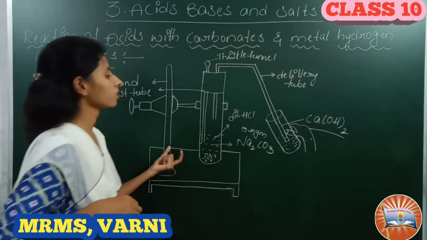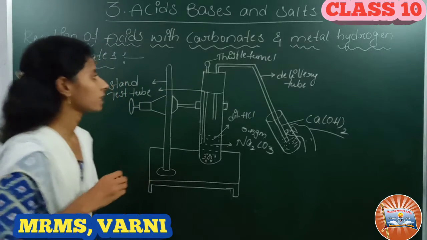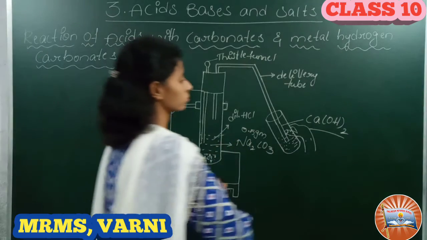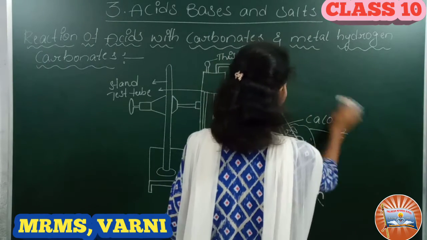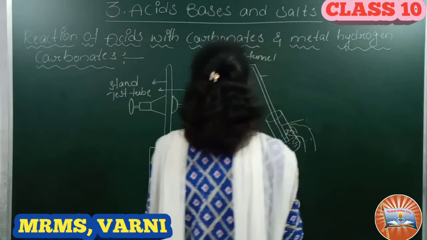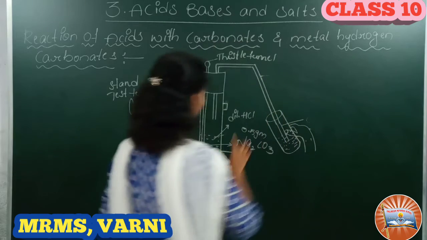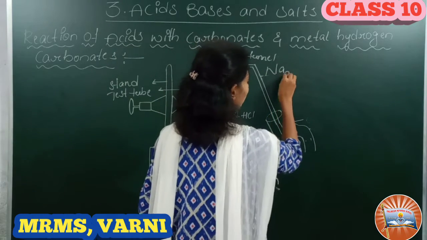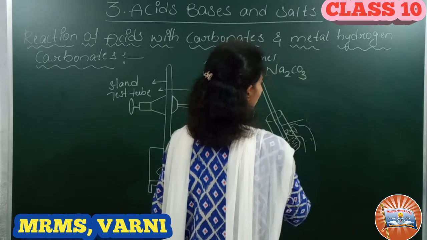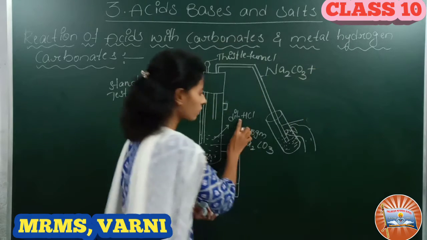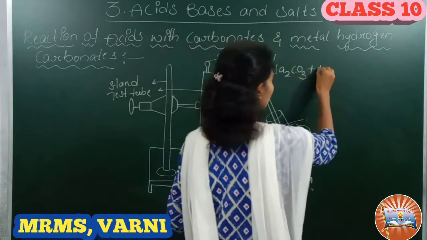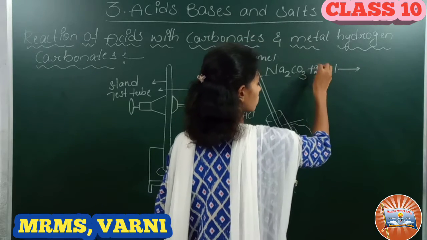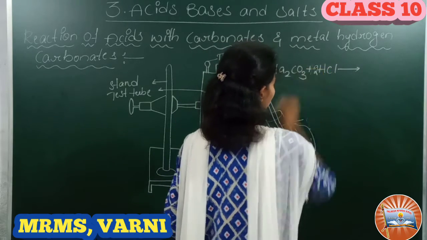So here the chemical equation takes place. We can write that. So here I will write that. So first of all we have taken the metal carbonate Na2CO3 and we are mixing it with the acid HCl. Okay. So we need to take 2 molecules of HCl here.